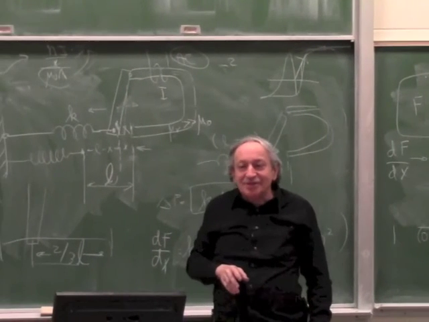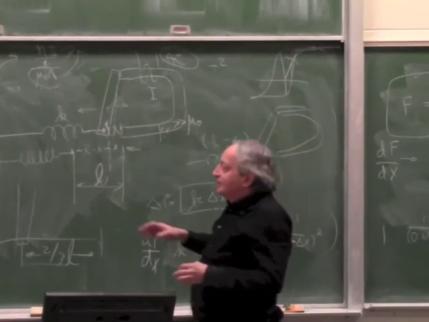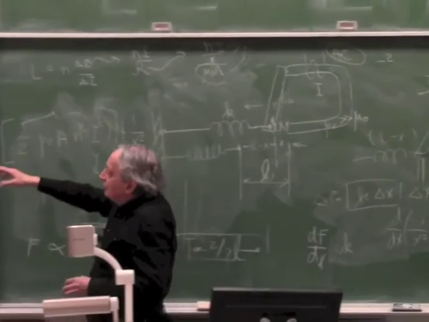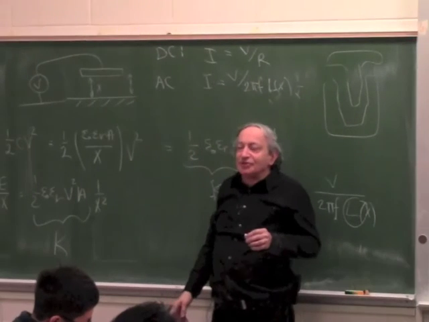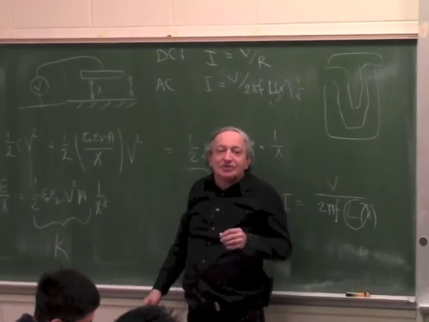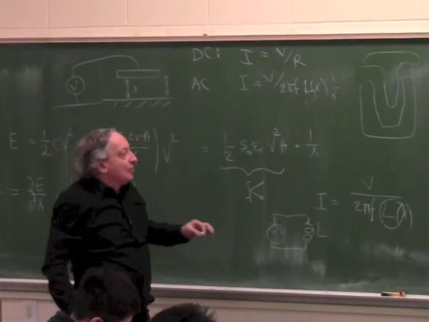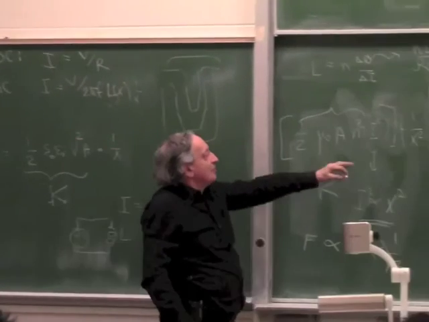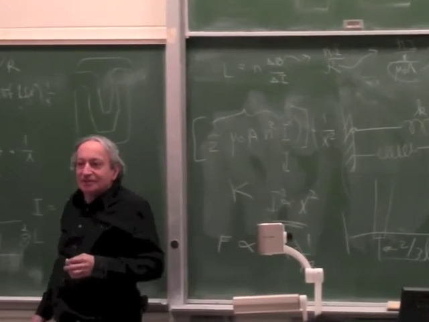Okay? So basically, if you had material which doesn't saturate, this derivation was correct, and if you use the actuator on AC, it would have become a constant force actuator. Okay, so is it clear to everybody why this actuator would have become a constant force actuator if you used it on AC, not on DC?